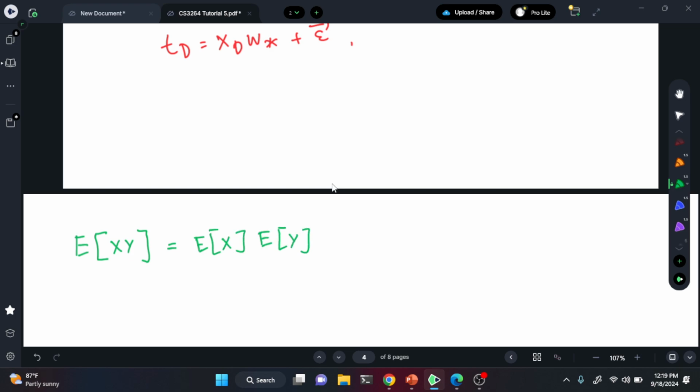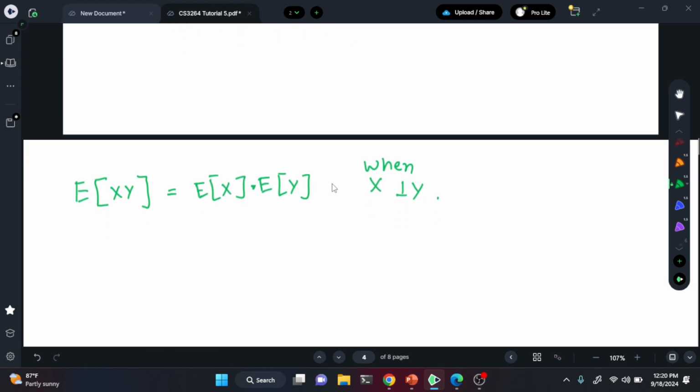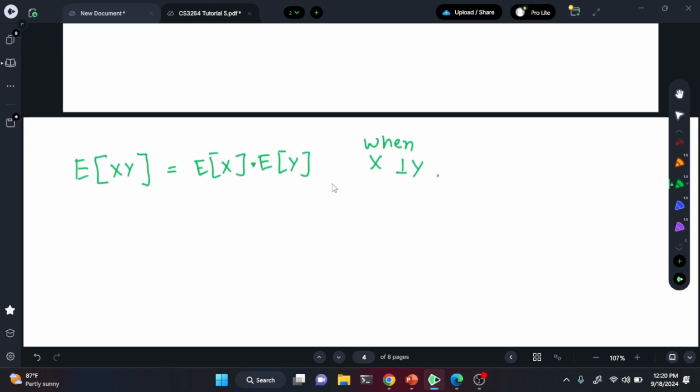Under which condition? When can I do this? When x and y are independent. Only when x and y are independent can we separate out the expectation into a multiplication. Clear on this?